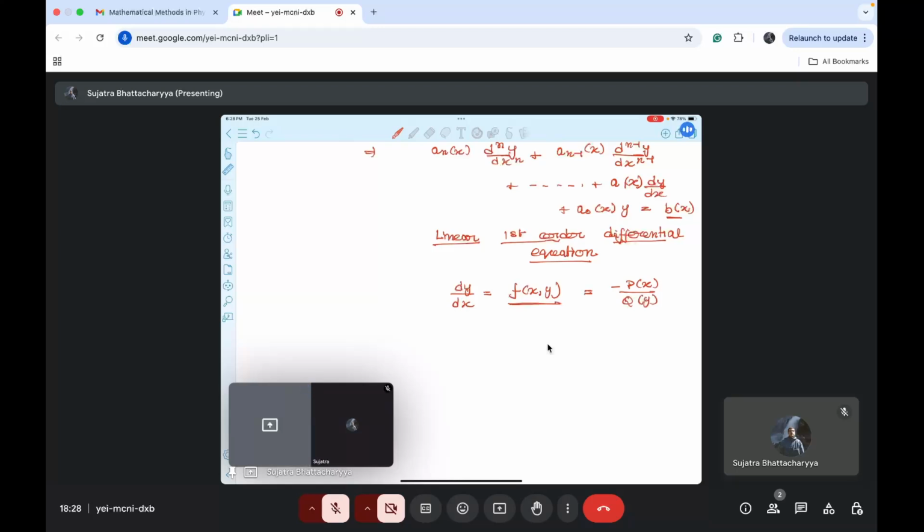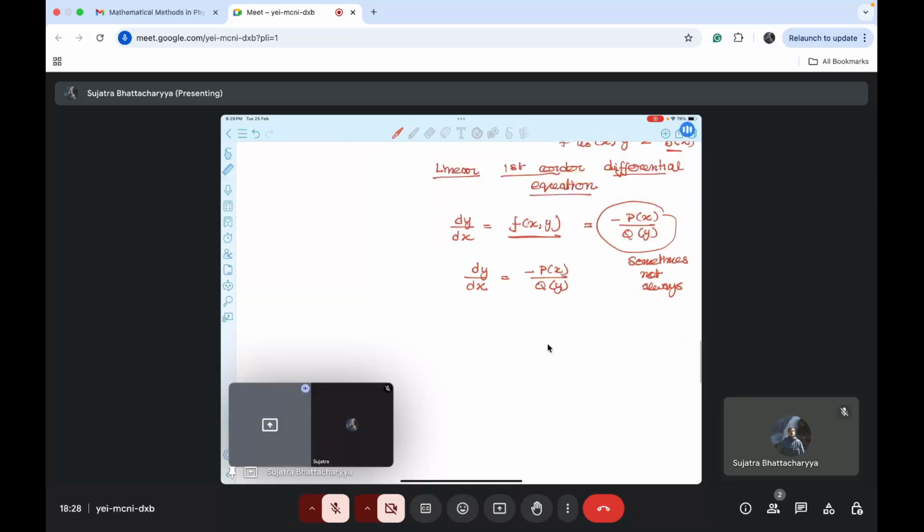That's absolutely fine. So this can happen sometimes, not always. There are cases when this kind of thing will not work. Okay, so we will see one by one. So dy/dx is minus p of x divided by q of y.